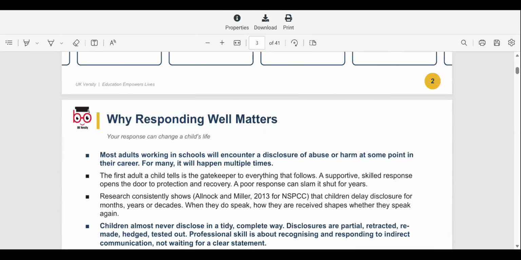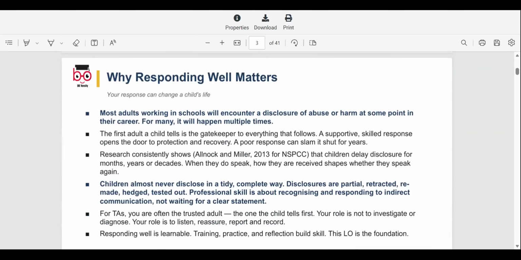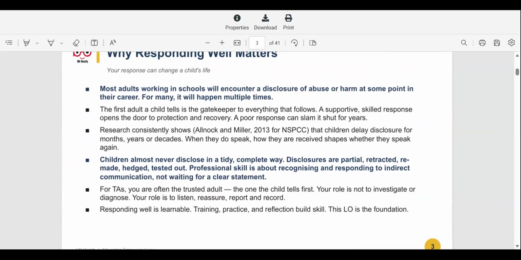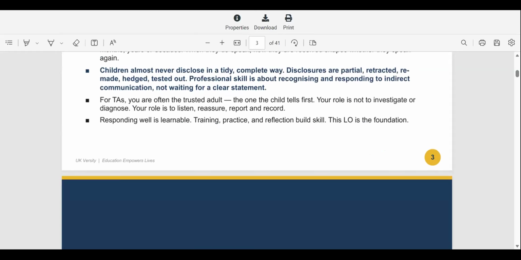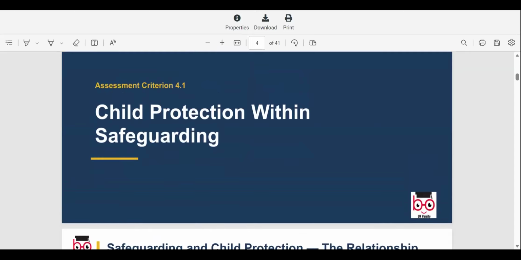When responding well matters: most adults working in schools encounter disclosure of abuse or harm at some point in their career. As the first adult, it's really important that you validate a child's feelings and make sure you are protective. You are skilled to put in place all this protection, and children, like we said, almost never disclose anything, so it's really important you have these in place.